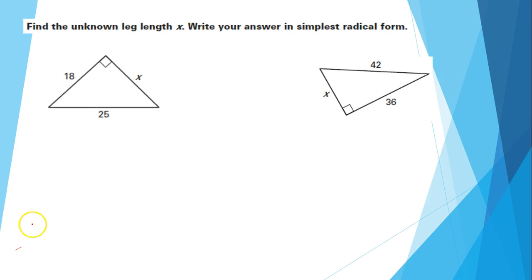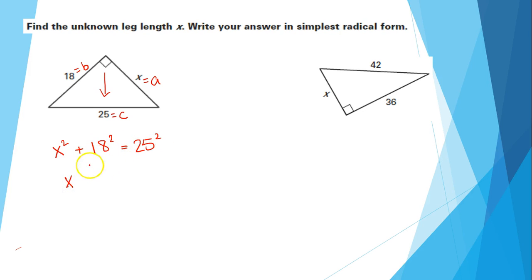Now this one asks us to find the unknown leg length x. So we have the value of c. This is our hypotenuse right here. And this you can label either a or b. I'm going to label it a. This is my b. Plug it into your formula. A squared plus b squared equals c squared. So a squared, which is x, plus b squared, which is 18, equals c squared, 25 squared. Now solve for x.